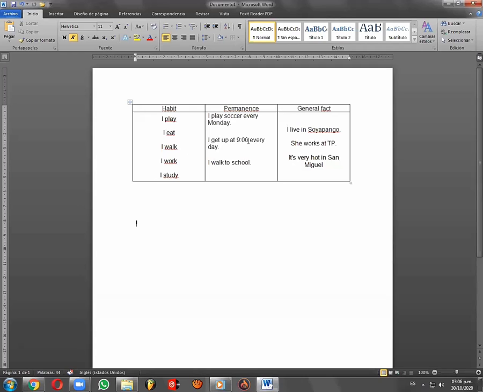The permanence examples: I play soccer every Monday, I get up at 9 every day, I walk to school. In the general fact: I live in Soyapango. She works at TP, or you can prefer Teleperformance. It's very hot in San Miguel.